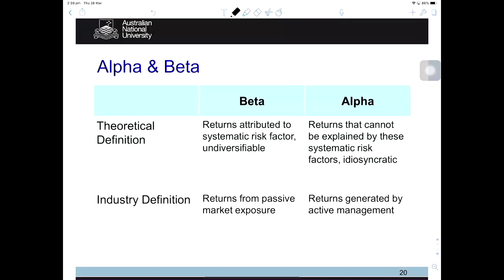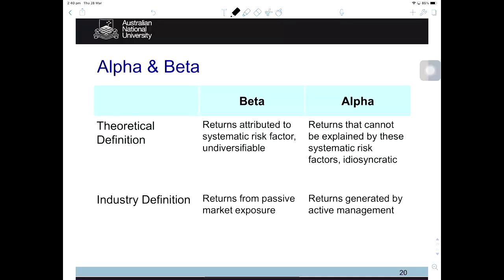When we talk about alpha or beta in a classic finance textbook, alpha means any excess returns of an asset class that cannot be explained by an equilibrium model, for example, CAPM. That's alpha. And beta is just the return as a compensation for bearing the market risk. So that's what we have learned in the context of the finance textbook.